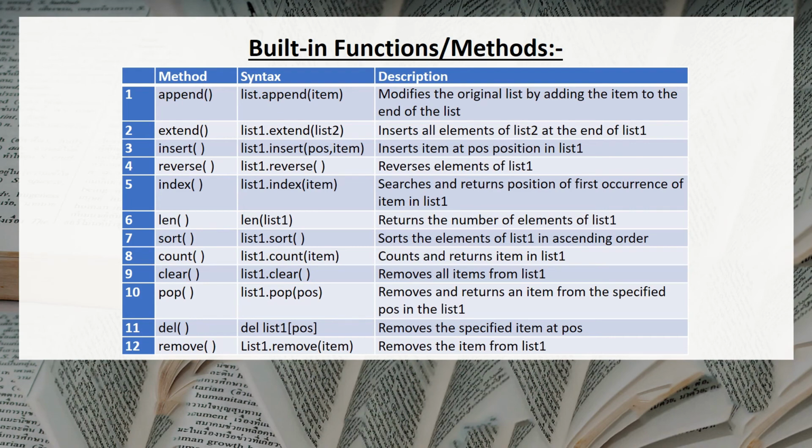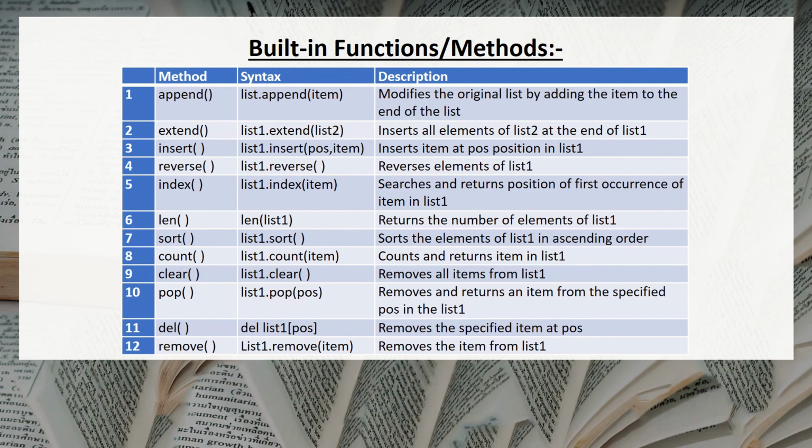Now for deleting a particular element from the list, there are three different functions: pop, del and remove. Pop removes the last element of the list if a position is not specified as a parameter. The del function removes a specific item at the specified position, and the remove function removes the specified item value given in the list.